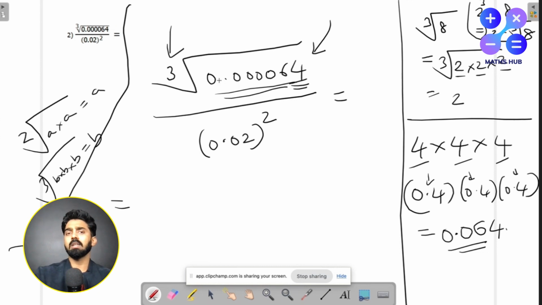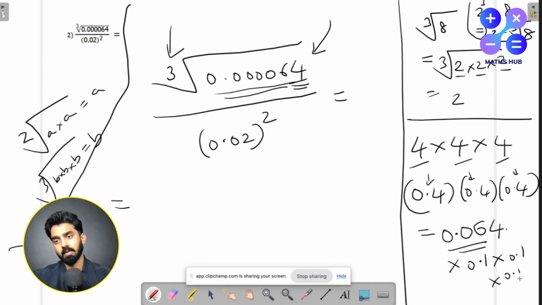But this is still not exactly what our number is, correct? So that means we can't really say that this is exactly the same number. But we have another option here. What we could do is multiply this with a 0.1 and a 0.1 and another 0.1. So if you have 3 0.1s, you would have 3 more decimal places to the left, correct? So now we have the decimal place over here.